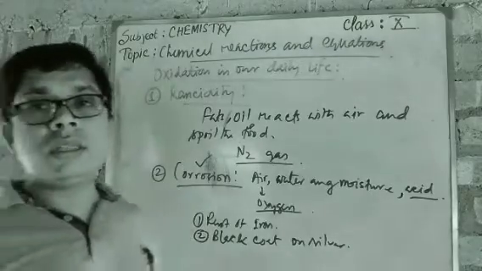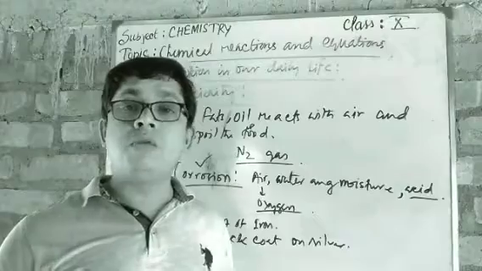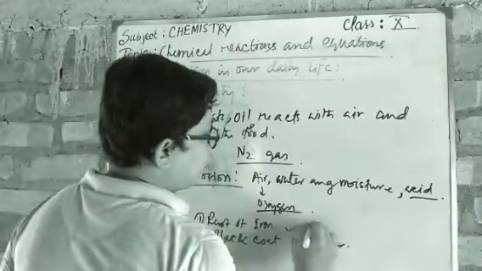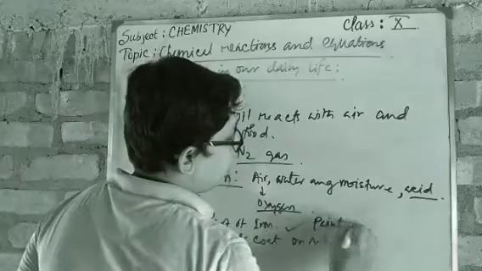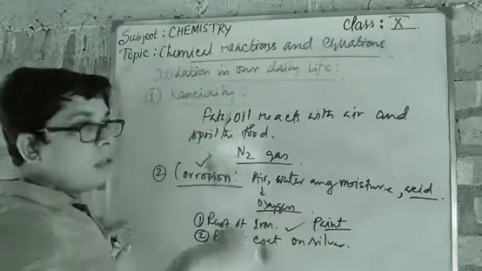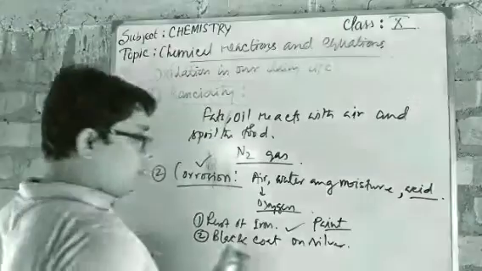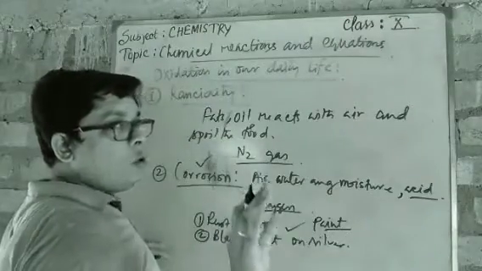Now the question is how to prevent it. For iron we have to paint it with color. We have to paint the iron metals or iron substances, those which are not used but kept in an open area.